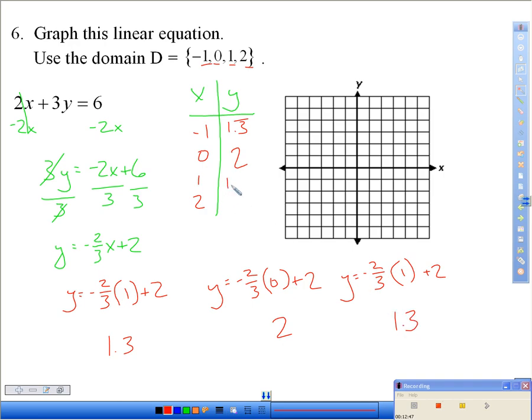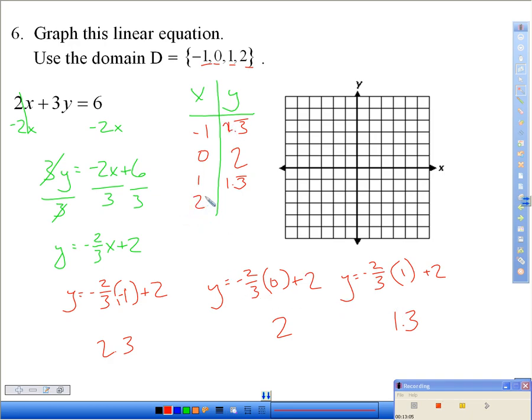So 1.3, actually 1.3 repeating, and then I just realized I messed up on the earlier problem. So this should have been -1 instead of +1, which is going to change our answer. That's going to give us 2/3 plus 2, so that's going to give us 2.3 repeating. So let's fix that at the top.